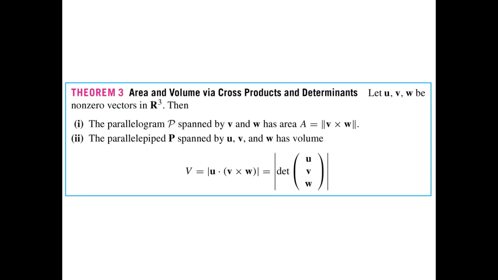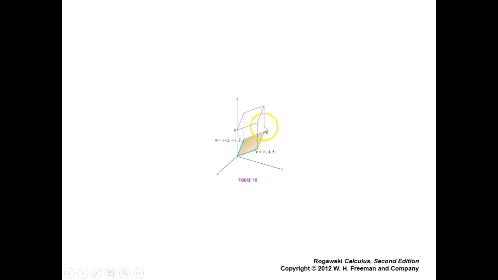So let's go to example 6. I think this is the figure for it. In the new book it's figure 11, but in the slide set it's figure 10. Okay. V is the vector 1, 4, 5.